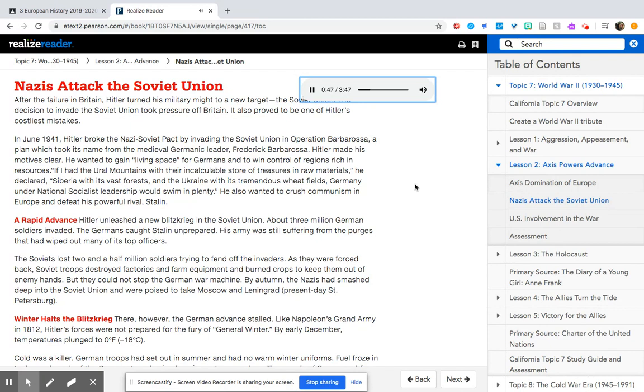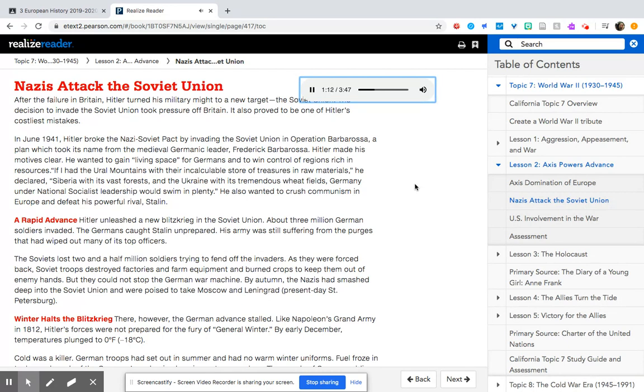If I had the Ural Mountains with their incalculable store of treasures in raw materials, he declared, Siberia with its vast forests, and the Ukraine with its tremendous wheat fields, Germany under National Socialist leadership would swim in plenty. He also wanted to crush communism in Europe and defeat his powerful rival, Stalin.